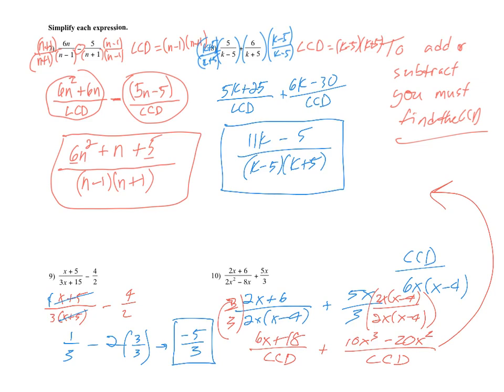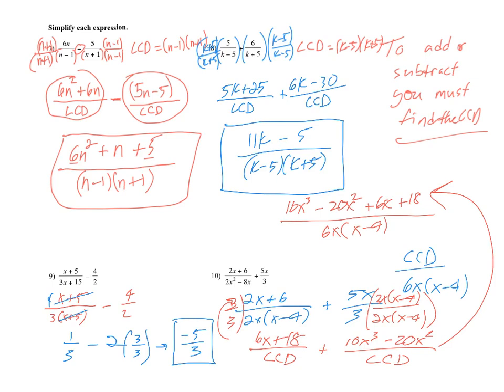Okay, so what we're going to get is 10x cubed minus 20x squared plus 6x plus 18 all over our LCD of 6x times x minus 4.